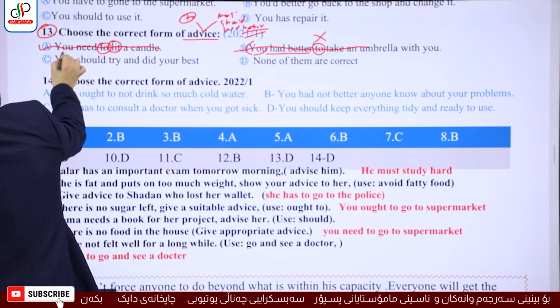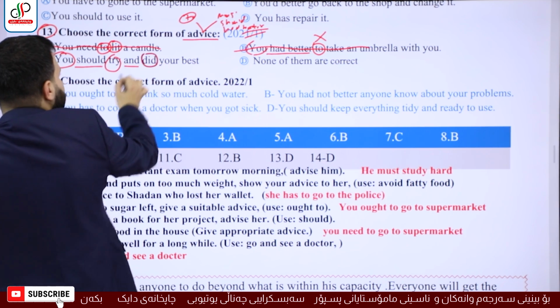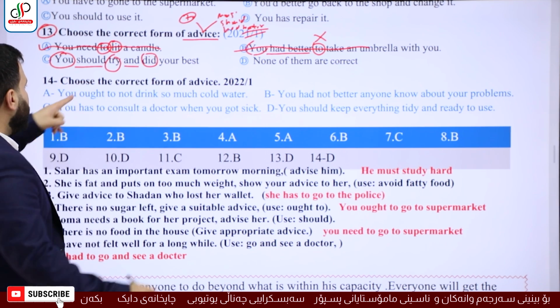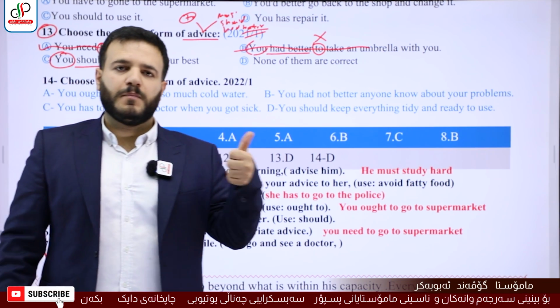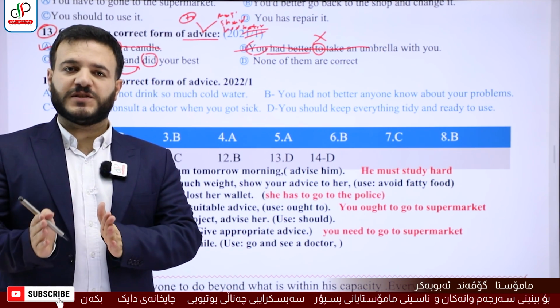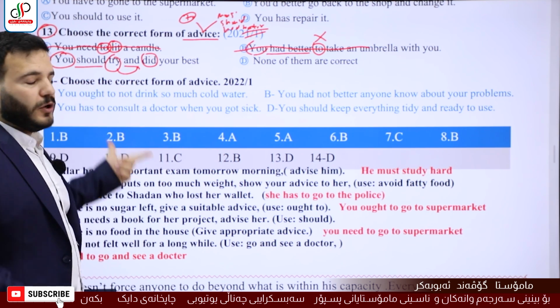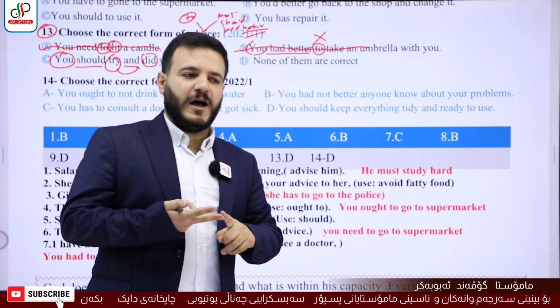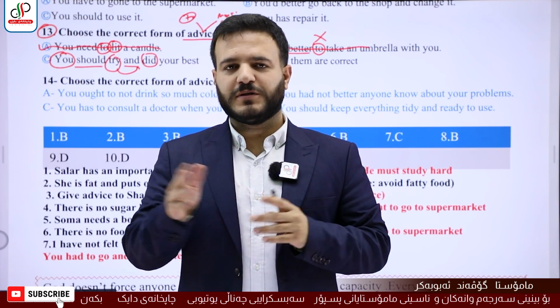How about C? You should try and did your best. Guys, look at here. This is try and did. Try is a base form, but did is a past verb. That's why this one is wrong, because we cannot put two types of tense together, a present and a past verb.